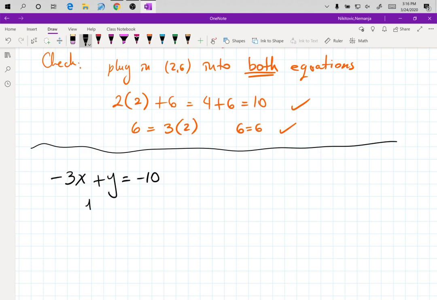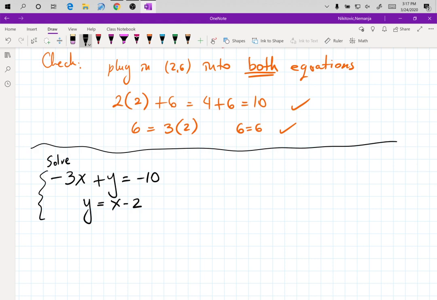The second equation is already solved for us, so we should say thank you, right? y equals x minus 2. So negative 3x plus y equals negative 10, and y equals x minus 2. This is our system that we are supposed to solve.